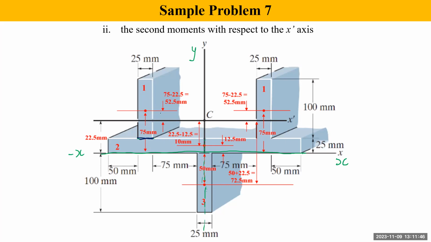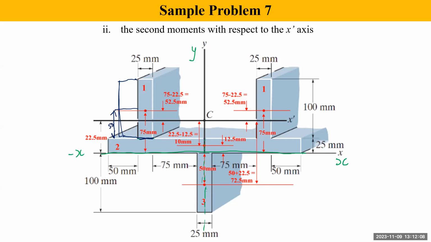You need a distance from the center of this figure down to here. How do we know that it is 75? We know that this distance is 100, firstly. So from the center of it to right here is going to be 50.